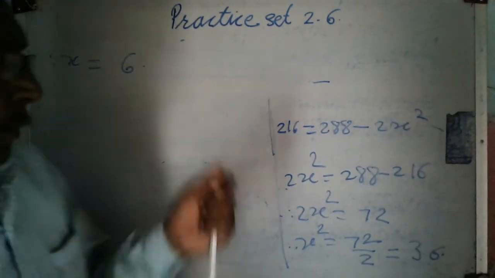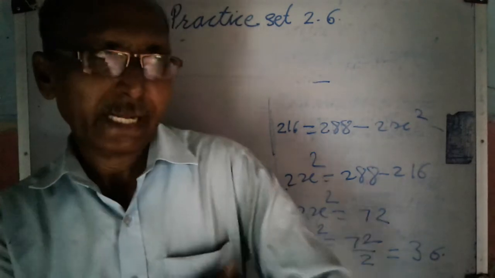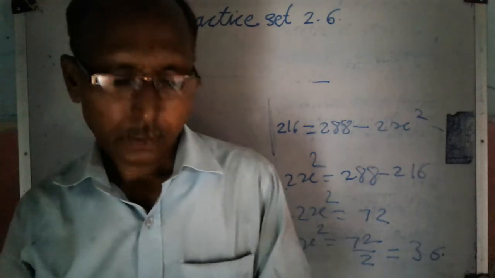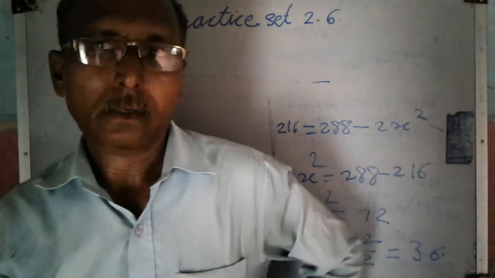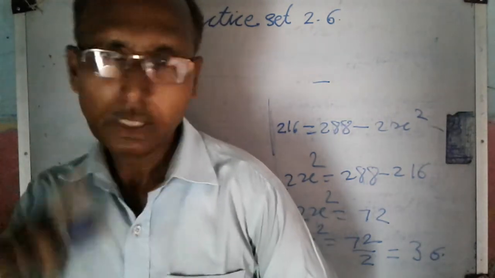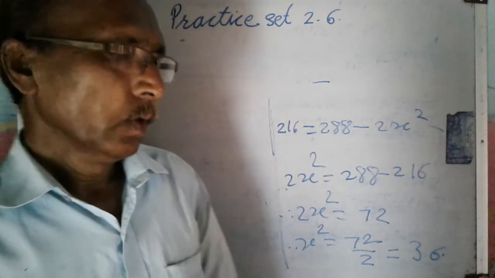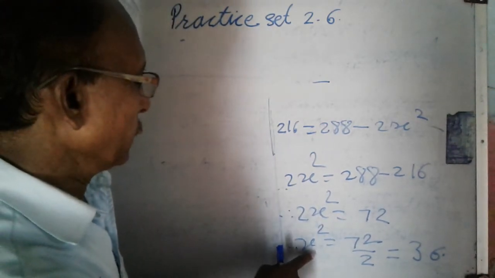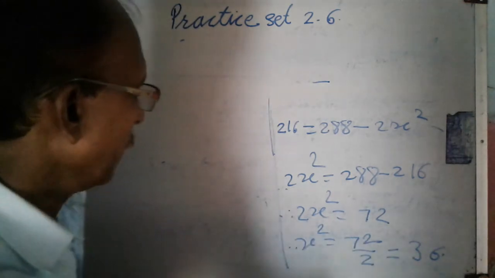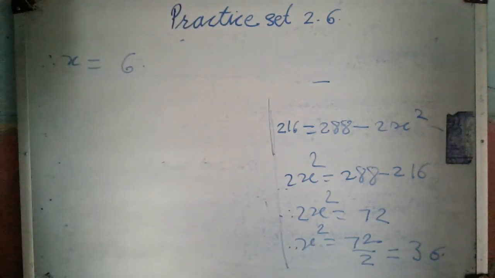x is equal to plus or minus 6, but we neglect minus 6 because the speed of the water current cannot be negative. So here x square is equal to 36 and therefore x is equal to 6.